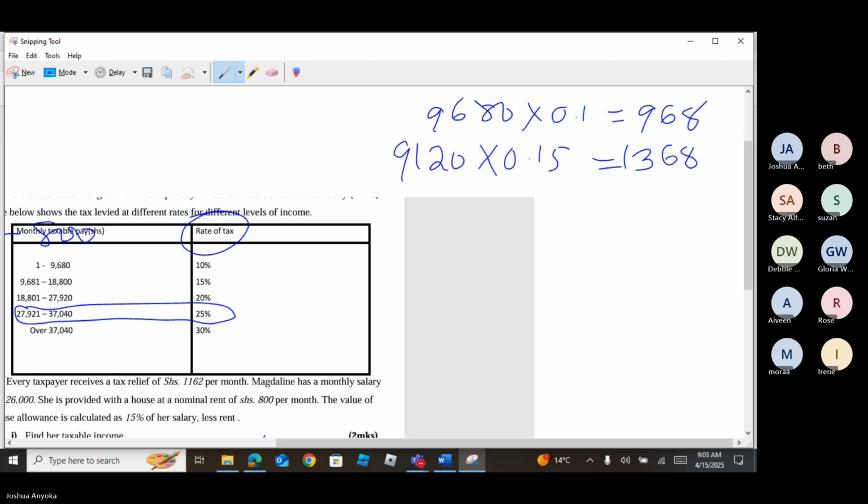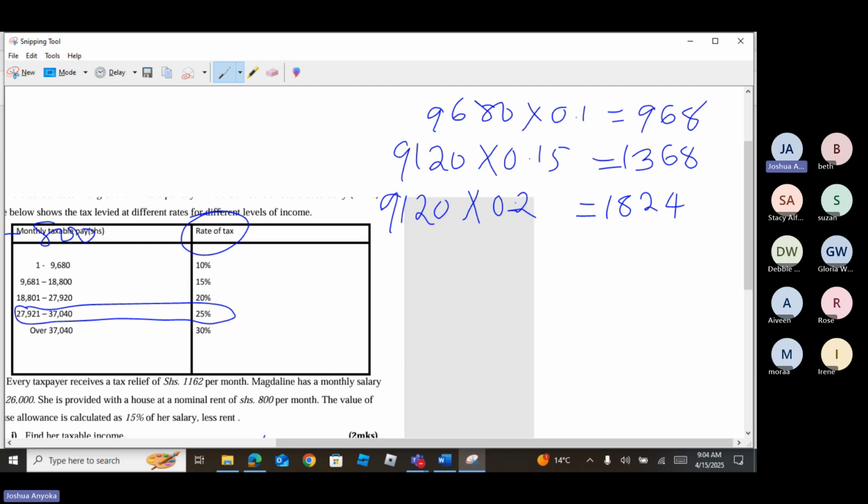Yes. Next band, I believe it is 9,120 times 0.2. That gives 1,824.